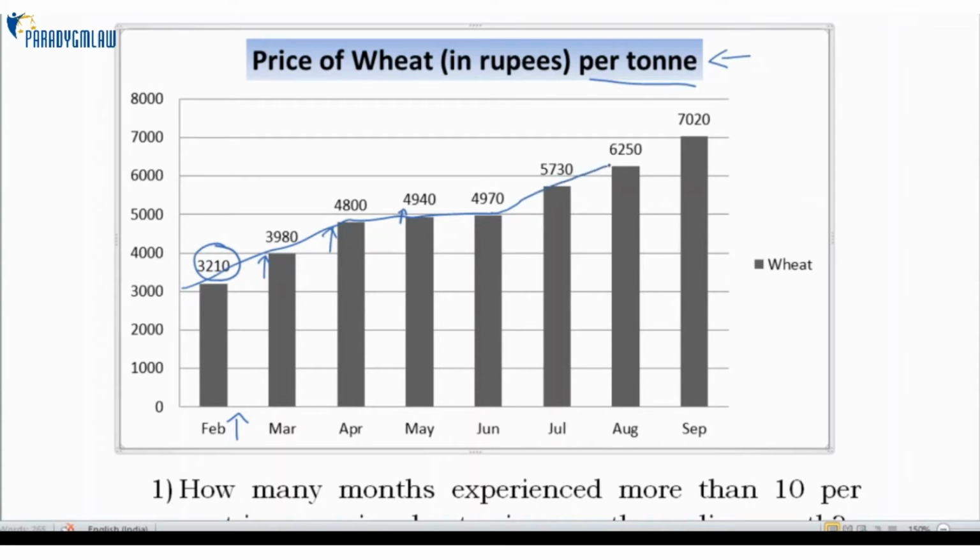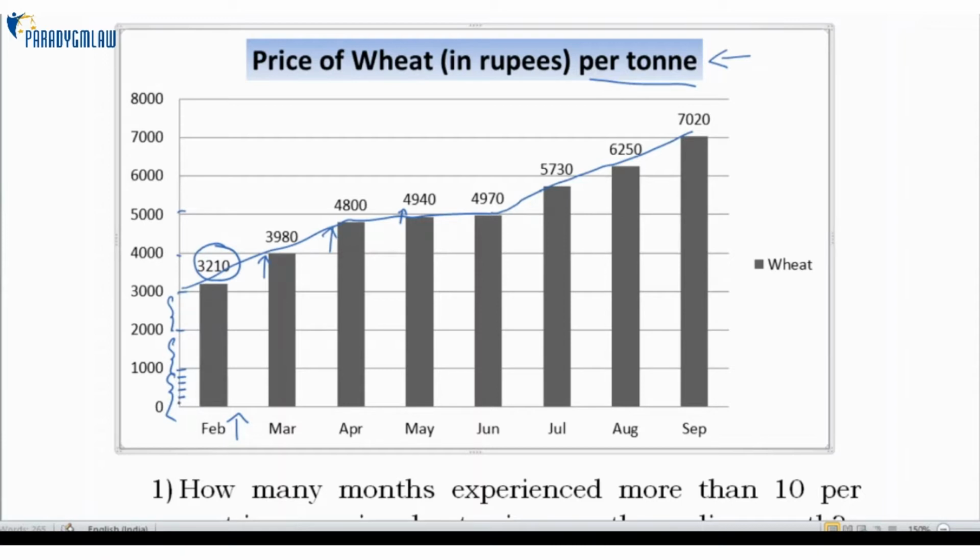Now this bar graph gives us the information. Here we have from 0 to 8,000. I have equivalent breaks per 1,000. If you break it up, it is 0 to 1,000, 1,000 to 2,000, 2,000 to... So each split is 1,000, which again I can split into 10 equal parts.